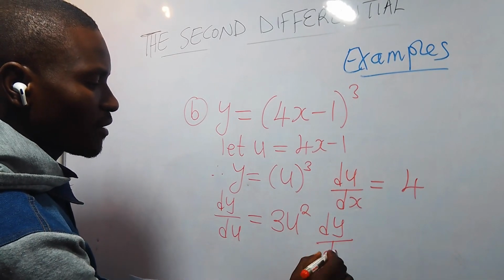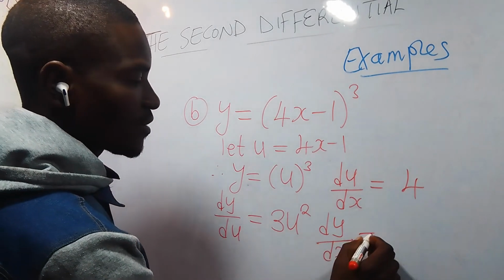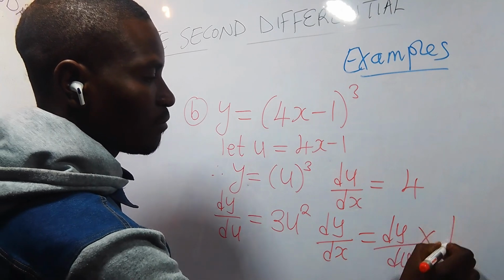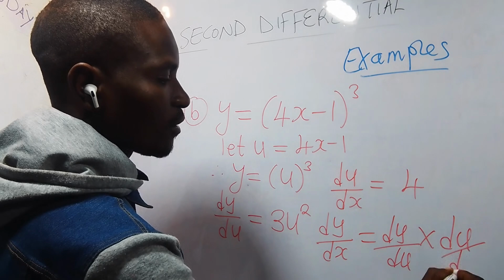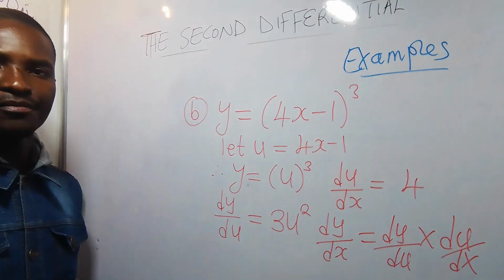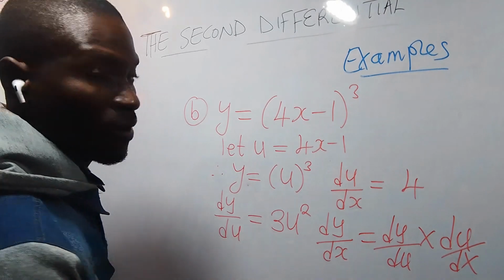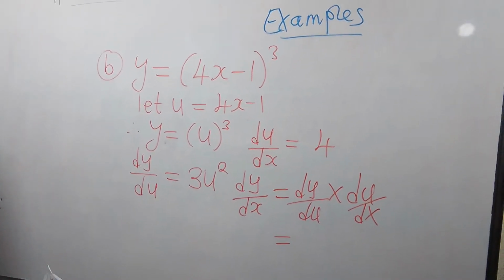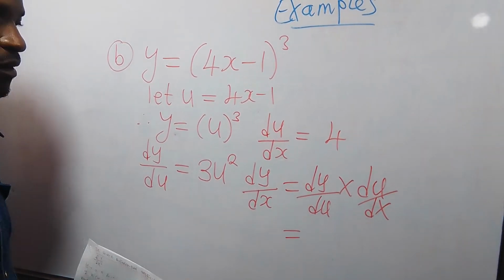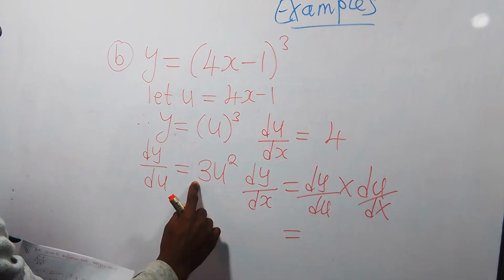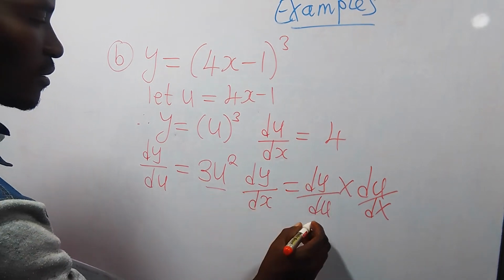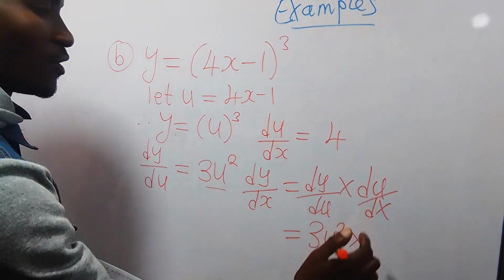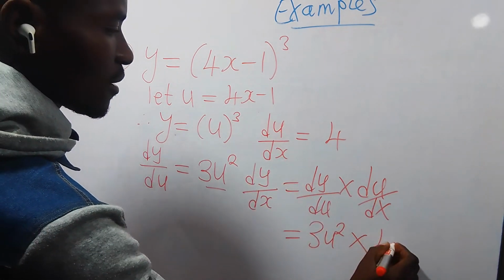So dy over dx is going to be dy over du multiplied by du over dx. dy over du is this, 3u squared, multiplied by du over dx, which is just 4.